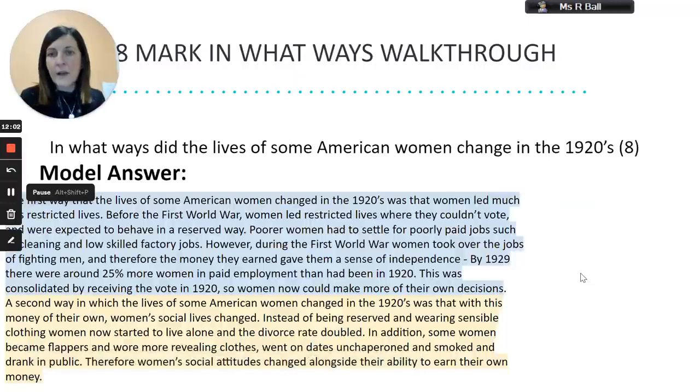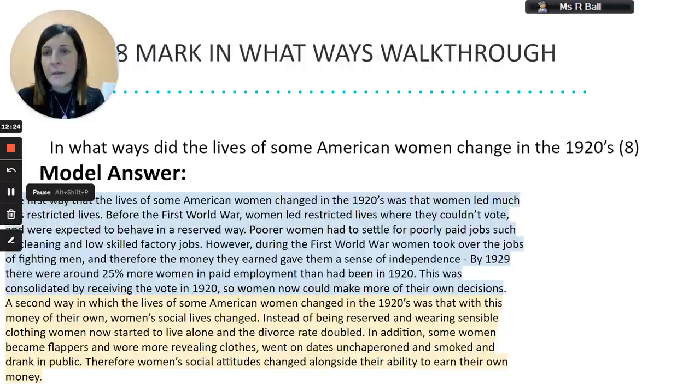The second way in which the lives of some American women changed in the 1920s was that once they had this money of their own, women's social lives then changed. So instead of being reserved and wearing sensible clothing, women now started to take more risks, to live alone. The divorce rate doubled during the 1920s because women were becoming more independent.